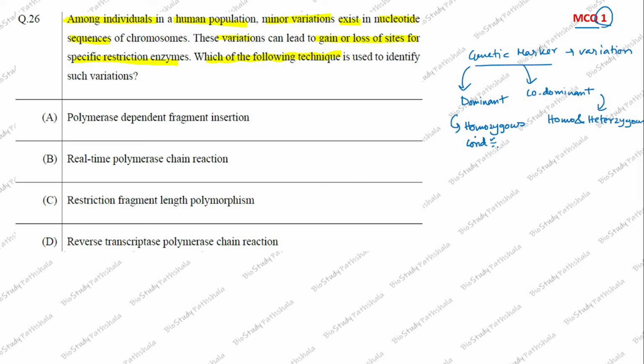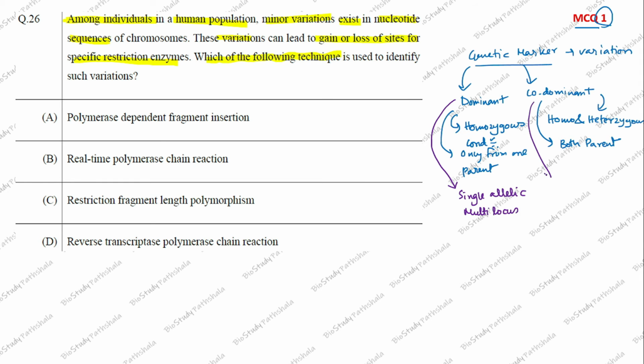Homozygous and heterozygous means what? Homozygous means only from one parent, while heterozygous means from both parents. Dominant markers are single allelic and multi-locus in nature, while codominant markers are multi-allelic but single locus.